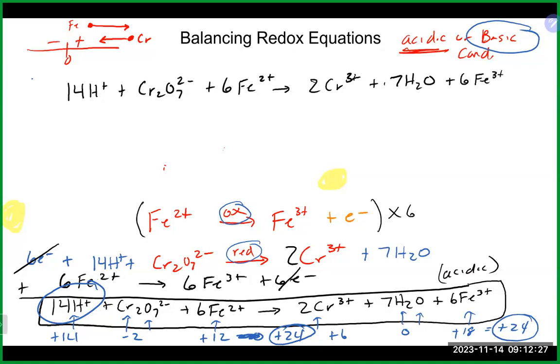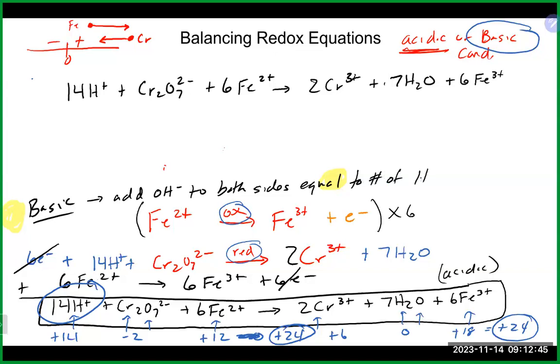All right, so to turn this into basic conditions, here's what you need to do. You need to add OH minus to both sides, and the amount of OH minus that you add is equal to the number of H pluses you have.